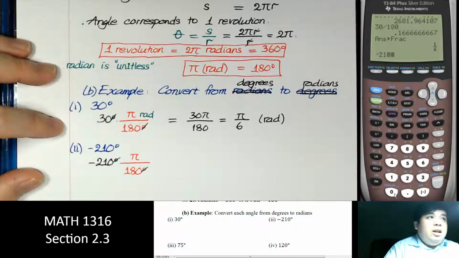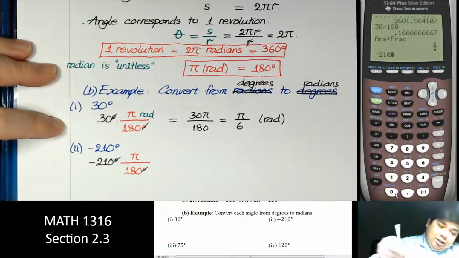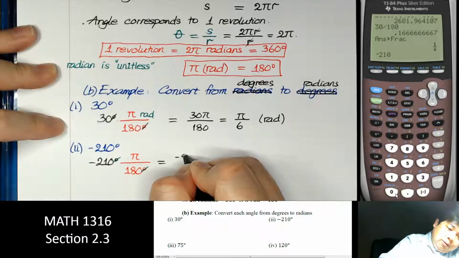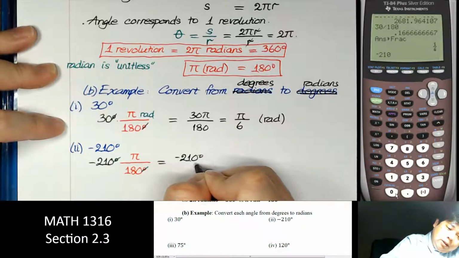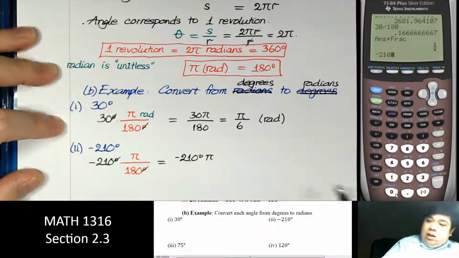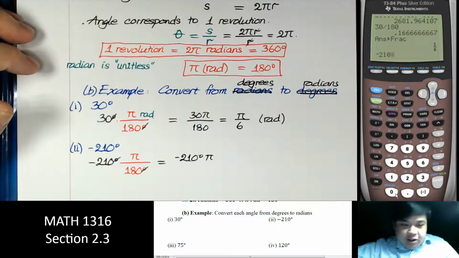Negative 210 pi. We cancel the degrees, right?